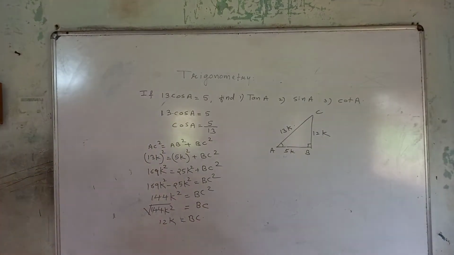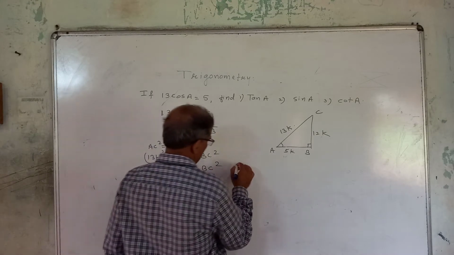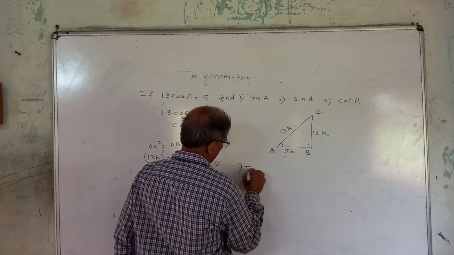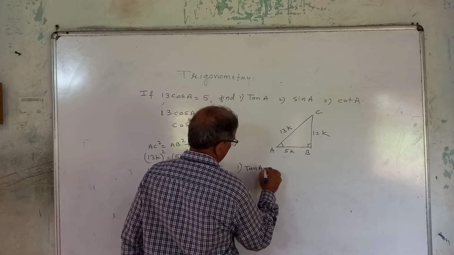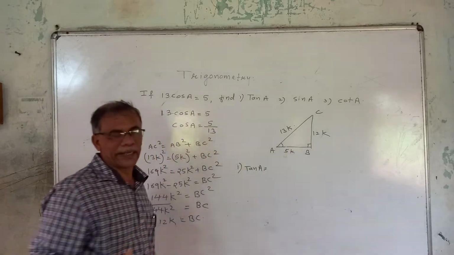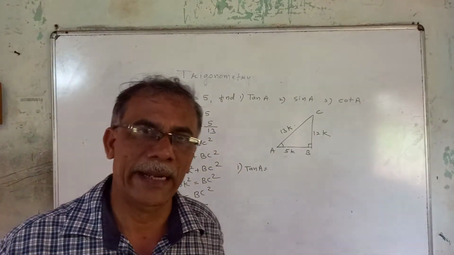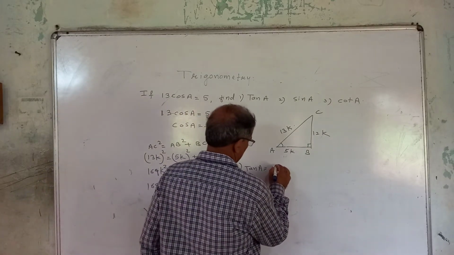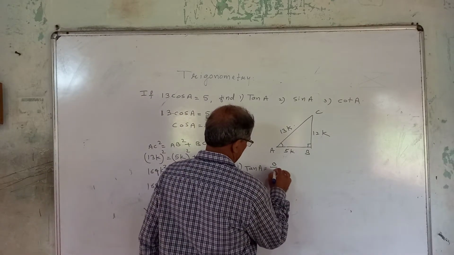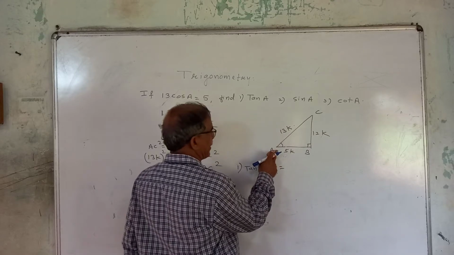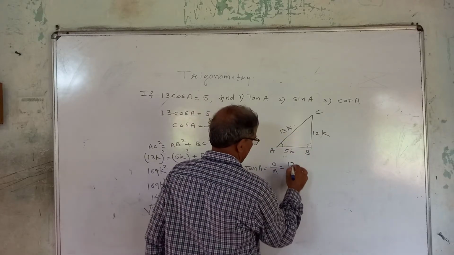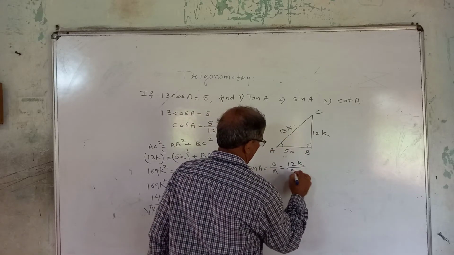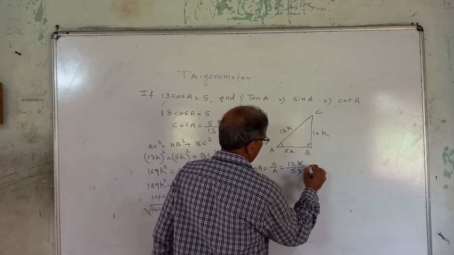Now we can write all the required ratios. First, tan A. Tan ratio of angle A. Which side upon which side? That means it is O by A. Opposite upon adjacent. Which is the opposite side for angle A? 12k upon 5k. So k gets cancelled.